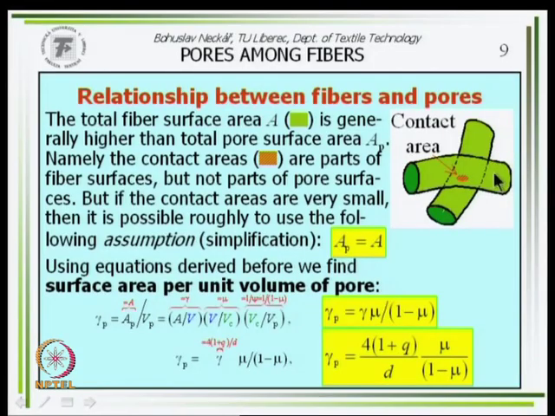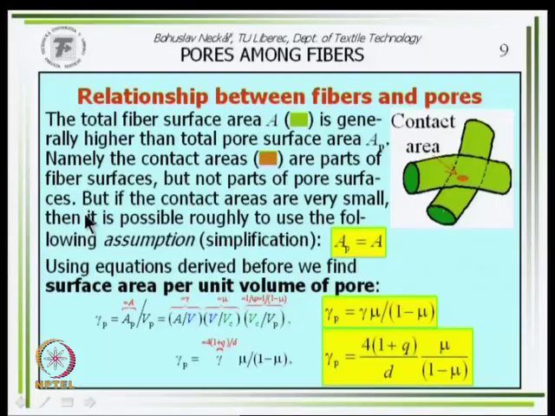So we can say that the surface of fibers is the same as the surface of pores. This idea is not fully clear. Why? Let's imagine the situation in our picture. By contact of two fibers, there is some contact area, shown in red here, related to fiber surface.